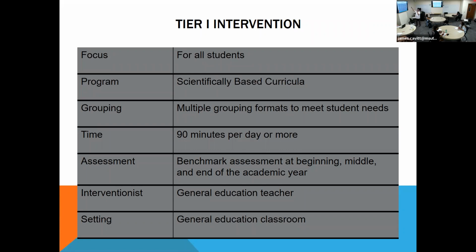Here's the summary. Scientifically based, multiple grouping formats, however you want to group your classes. It's usually just the regular time in the classroom, no special supplemental or additional time given. The general education teacher is the interventionist, and it's in the general education classroom. So that's a summary of Tier 1.